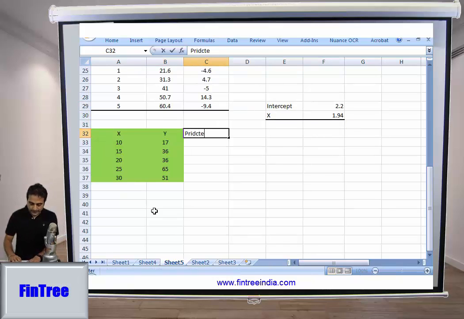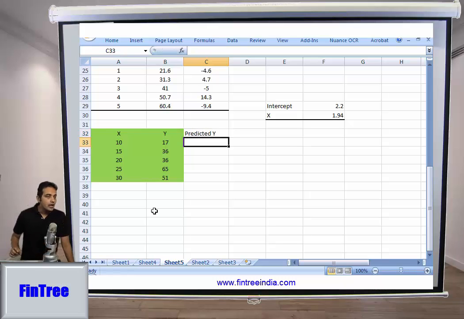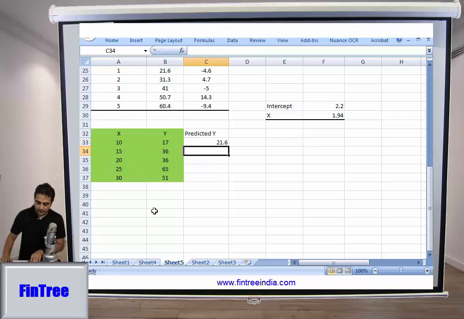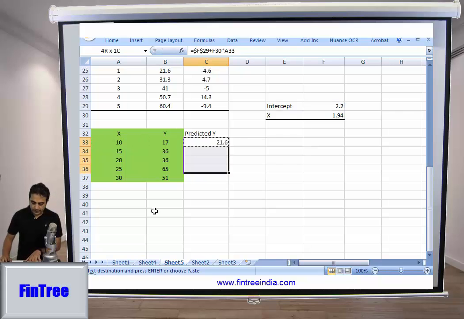Can we find out what is the predicted y value? Is it possible to find out what is the predicted y? Predicted y means the value that you would have predicted had you used that regression at inception. So that predicted y value would be 2.2 plus 1.94 multiplied with the x values. So these are your predicted y values.